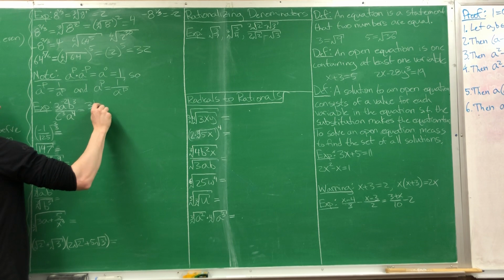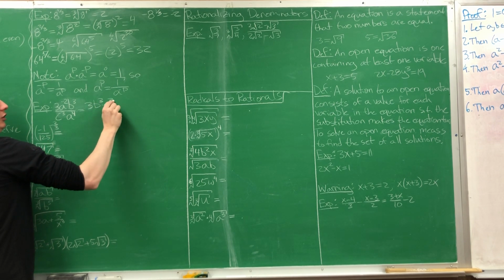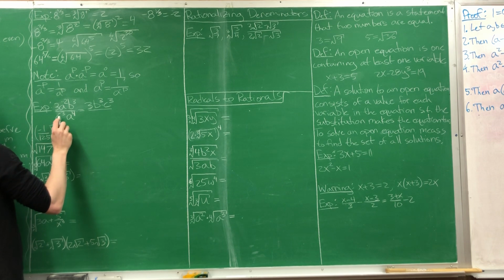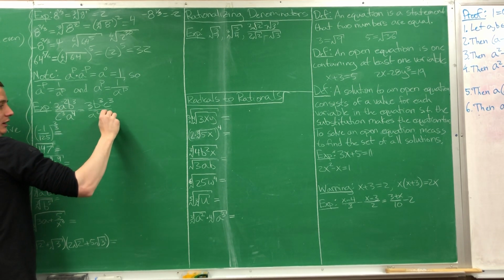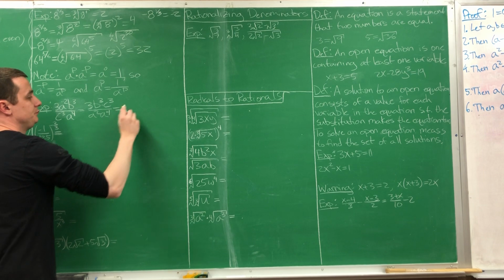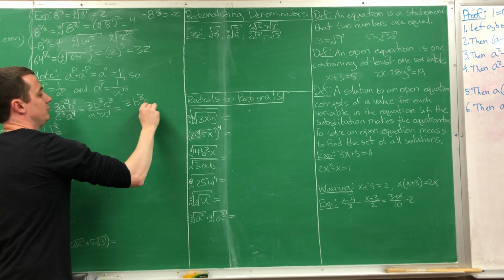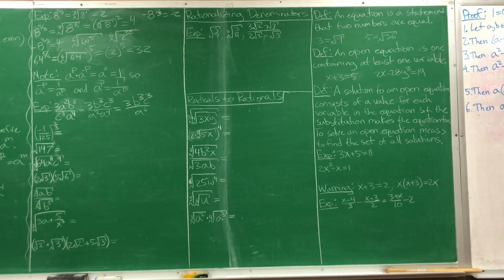B cubed will keep upstairs, times, and we're going to bring the c upstairs, c cubed, all over. Downstairs, we now brought the a down, so we have a squared, and then we also already had this a to the 4. Which is equal to 3b cubed c cubed over a to the 6. And that's how you simplify that.